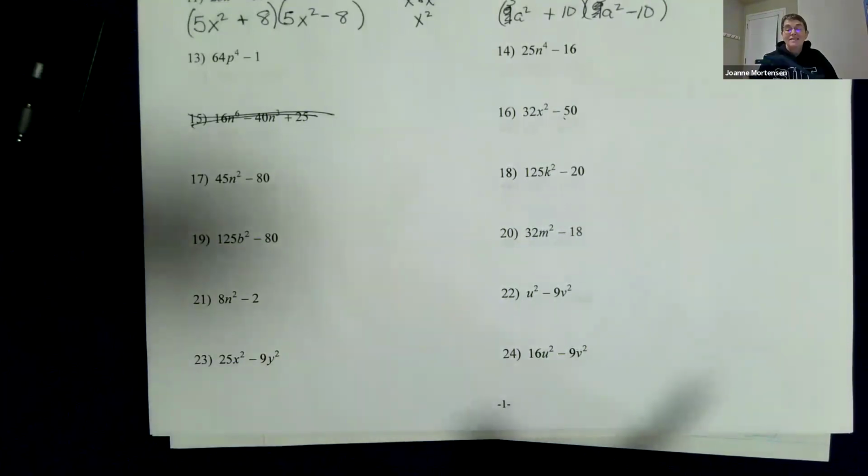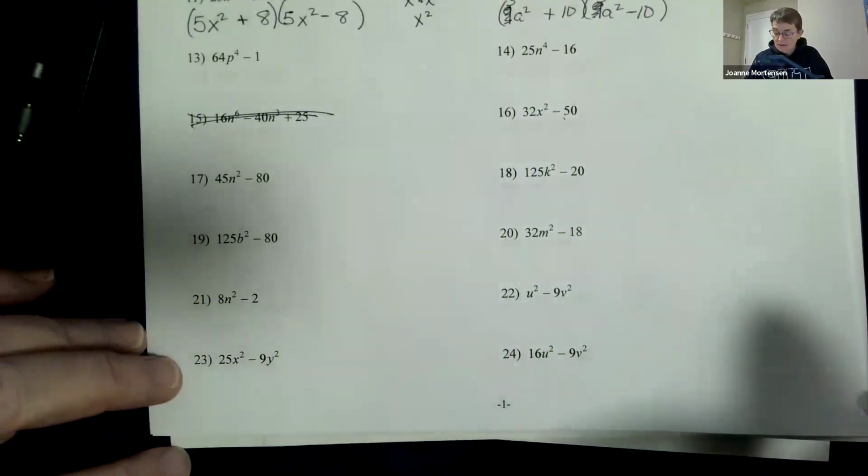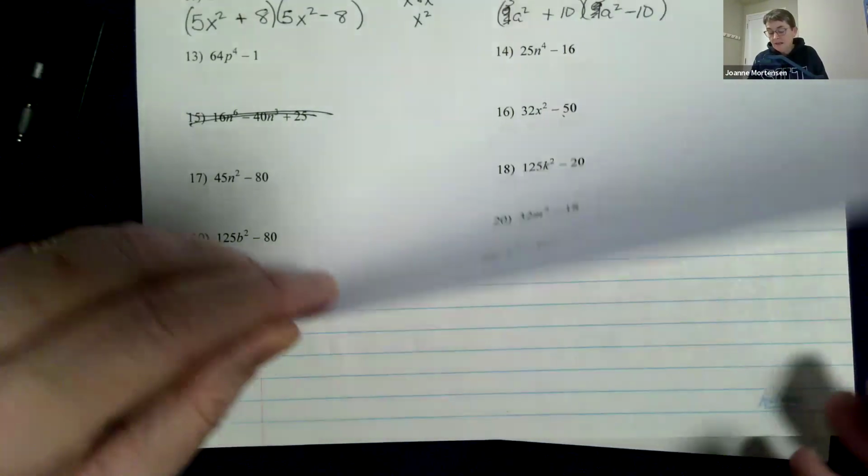But not a whole bunch. So I'm going to flip over to some loose leaf because I need room, and I will bring the question with me. All right, so 32x squared minus 50.